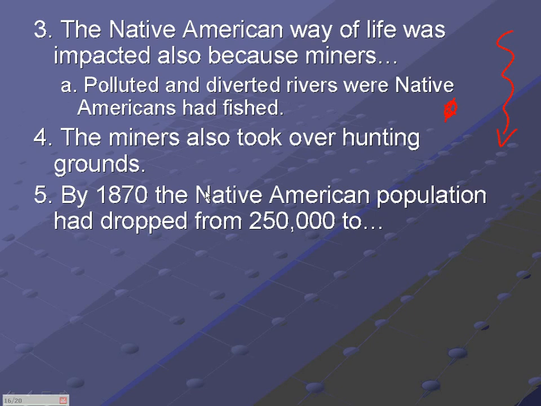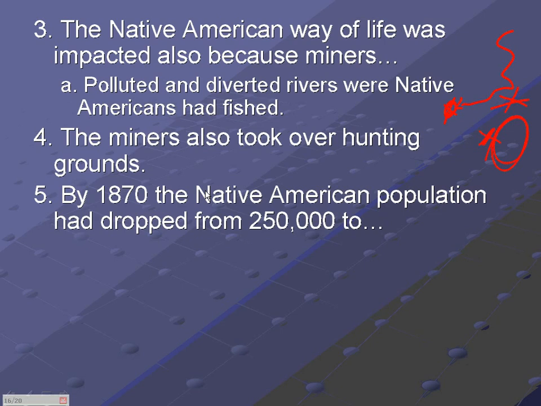So what you would do is you would put a dam in right here and then divert the water flow that way. So no more water flows down south. So if Native Americans are fishing usually right here, they're going to be out of luck now because there is no river any longer.